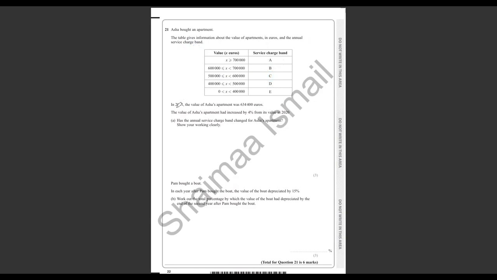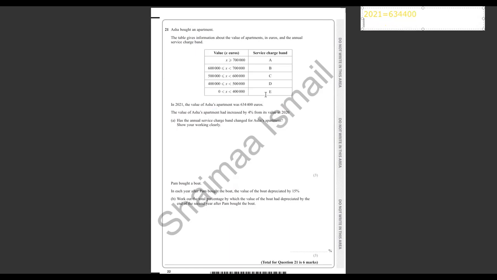Okay, so in 2021 the value of Asha's apartment was 634,400 euros.